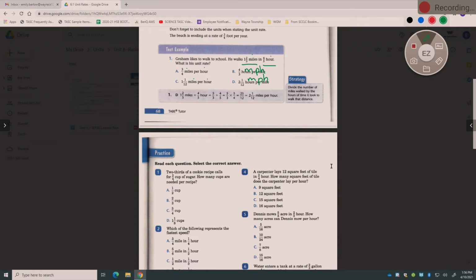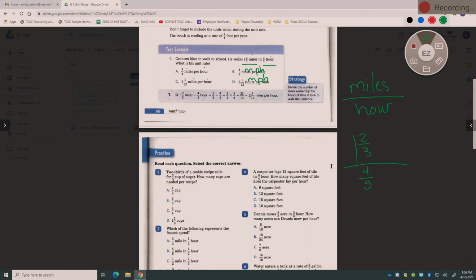But the point of that is I don't have to convert. Everything is in miles and hours exactly like I need it to be. So I start with, if it's miles per hour, I'm going to start with my miles up here and my hours down here, right? So Graham likes to walk to school at a rate of 1 2/3 miles over 4/5 of an hour.